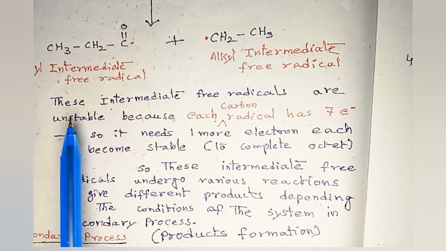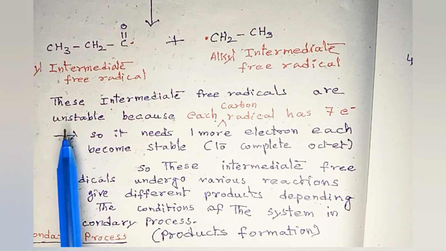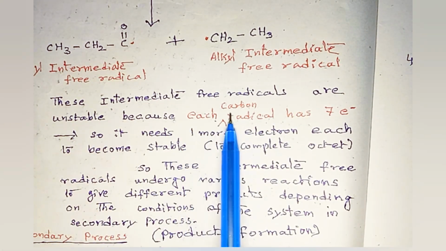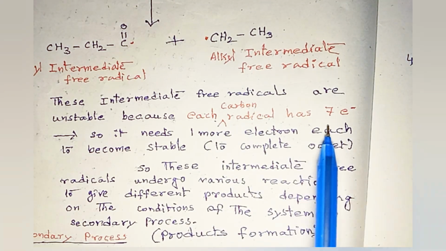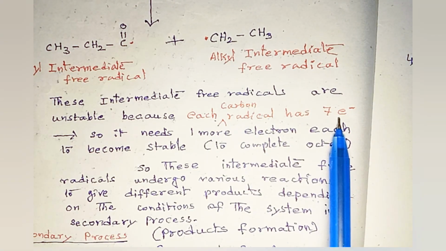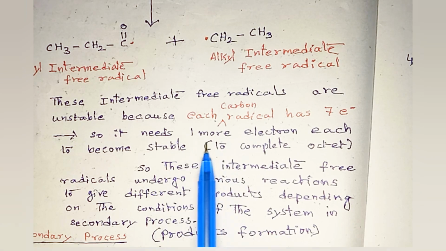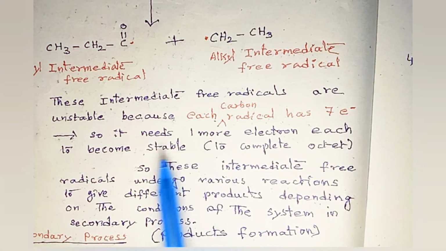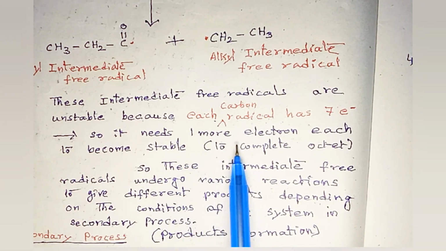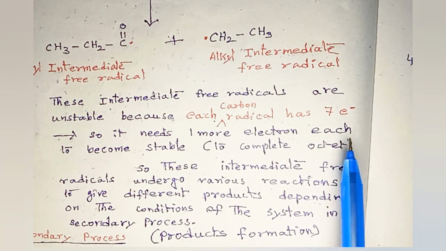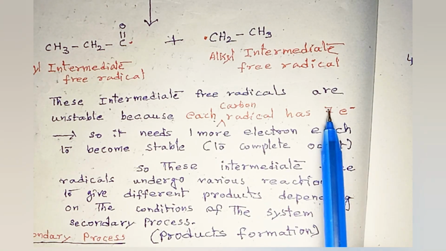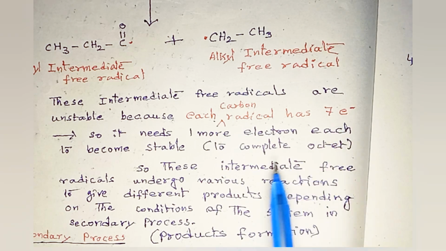As you all know, these intermediate free radicals are unstable because each carbon radical has 7 electrons only. So it needs one more electron each to become stable, to complete the octet, because 7 electrons are not stable.